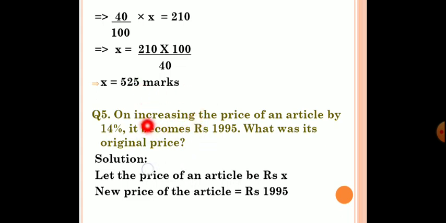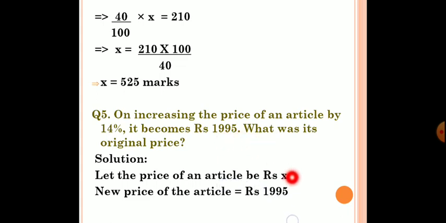Next, question number 5. On increasing the price of an article by 14%, it becomes rupees 1995. What was its original price? That means we don't know the original price, so let the original price be x. After the increase in price, the new price is 1995.